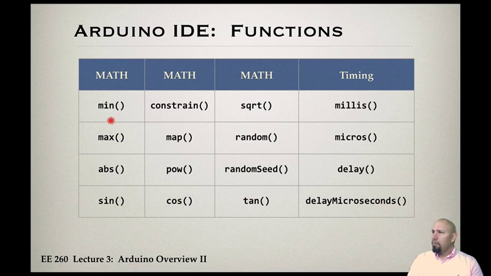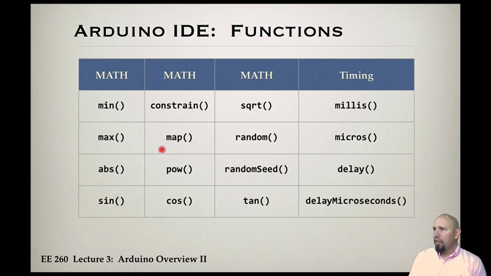But what we do have: minimum, maximum, absolute value, sine, cosine, tangent, so we do have some trig functions. The two functions that I have here, constrain and map, are very similar to one another in that they are often used for input-output of data. But they're definitely different functions.